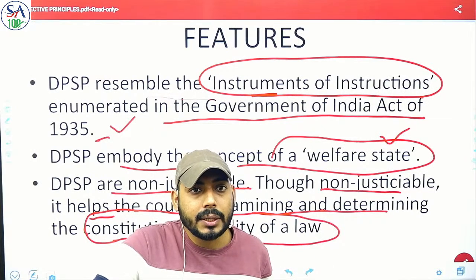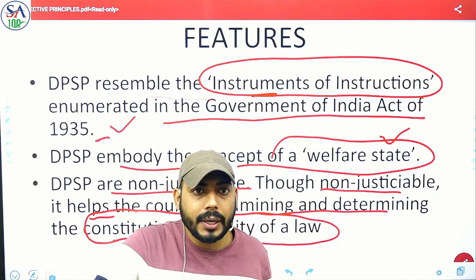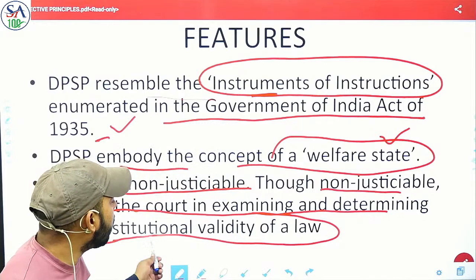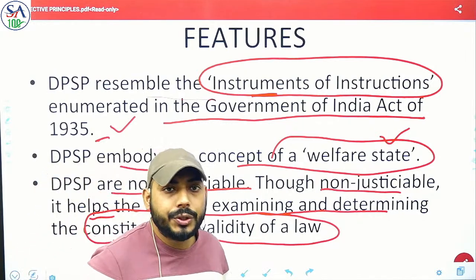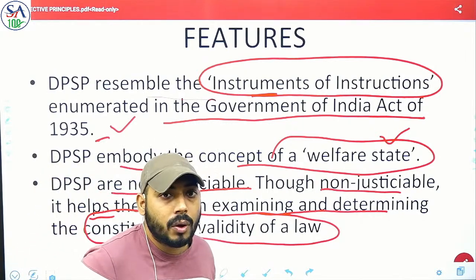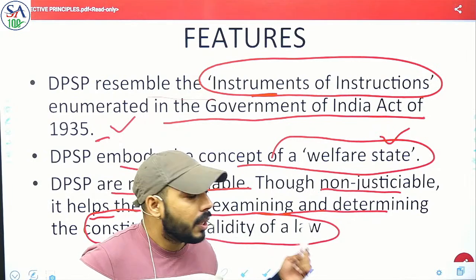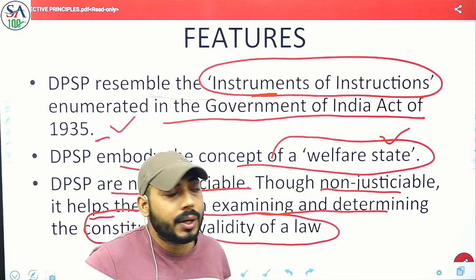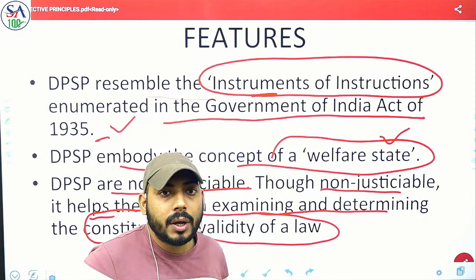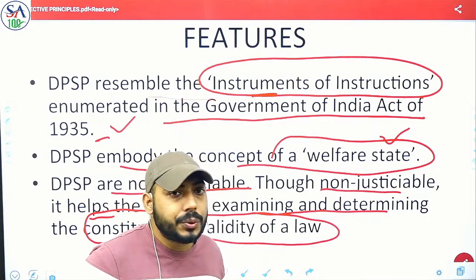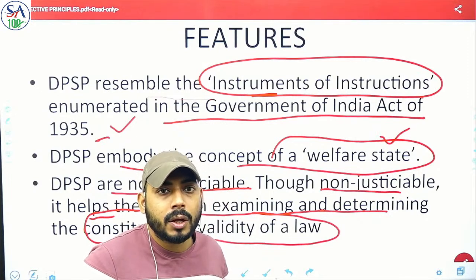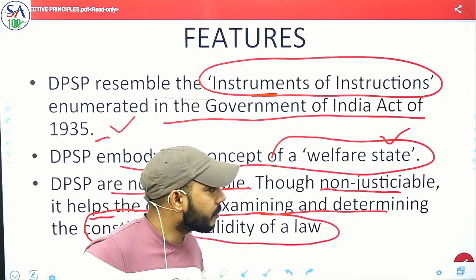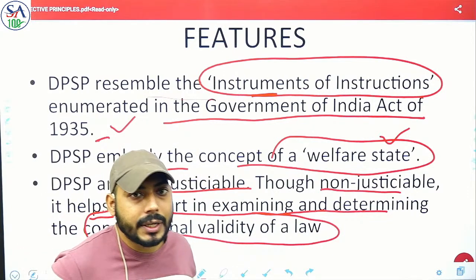So in checking the constitutionality of any act, rule, regulation, DPSP can also be used by the judiciary. Although it is non-justiciable in nature, still the judiciary can use it to check the constitutionality of any act, rule or regulation enacted by the state. Till now, I think everything is clear.